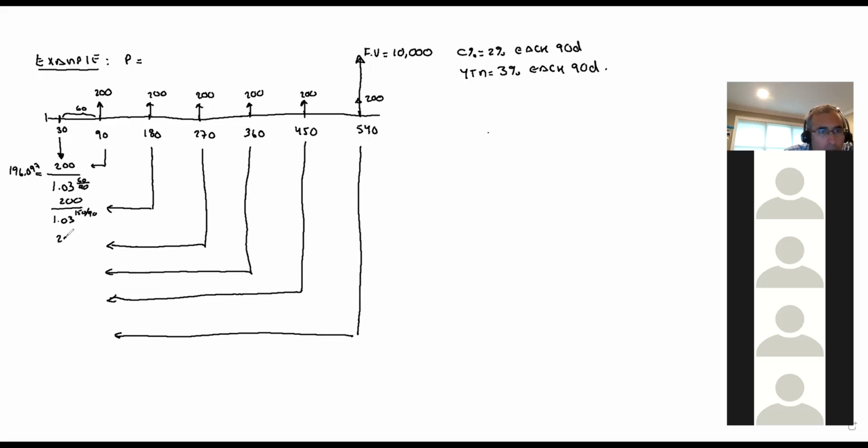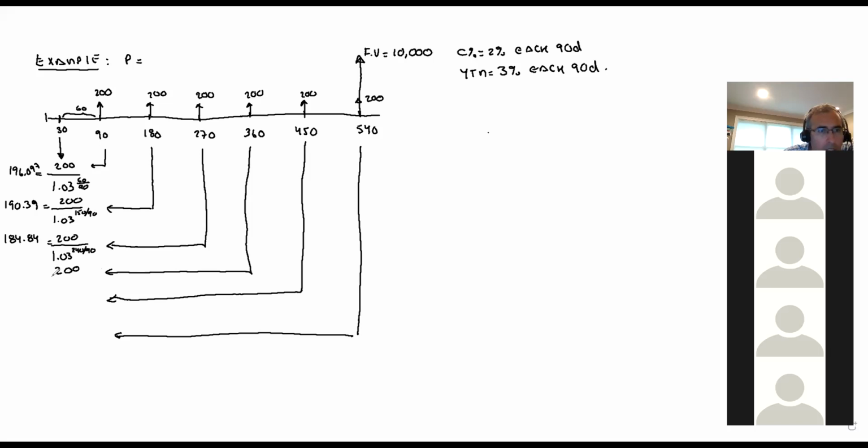Perfect. And the answer is 190.3839. Okay. This is going to be 1.03 to the power 240 over 90, correct? Yep, and 184.84.